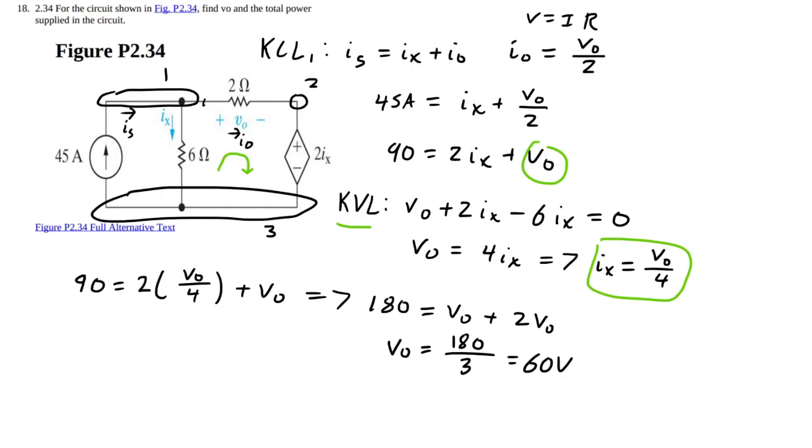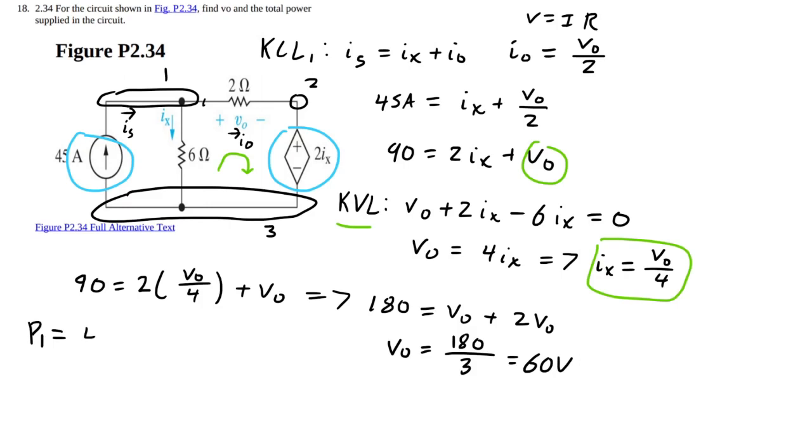Now we're going to calculate the power delivered by the whole circuit. So once again, we're going to go back and notice, okay, we got these 2 sources, so we got to account for each of them. I'm going to say that P1 is the current source.